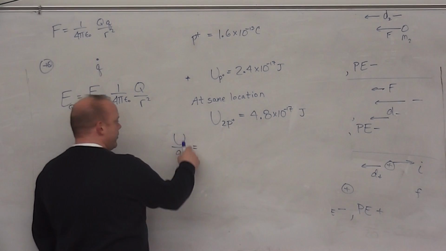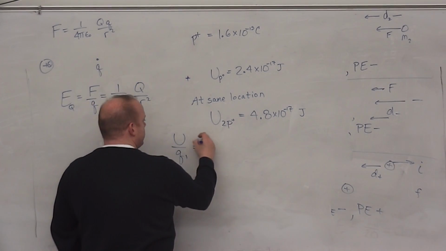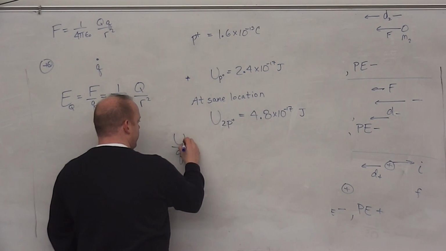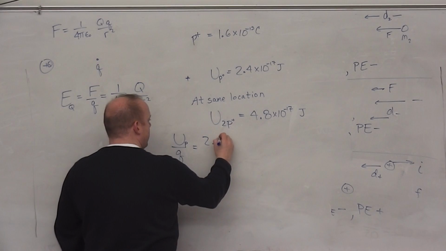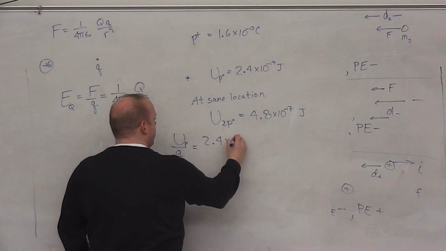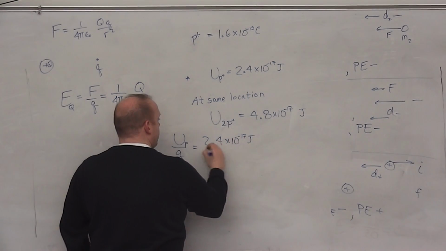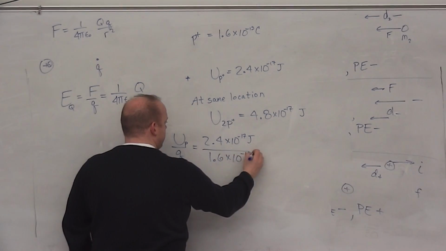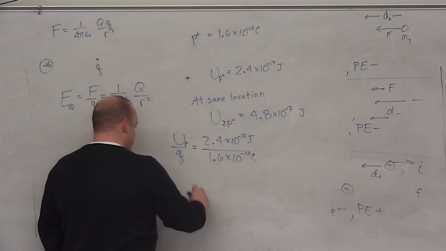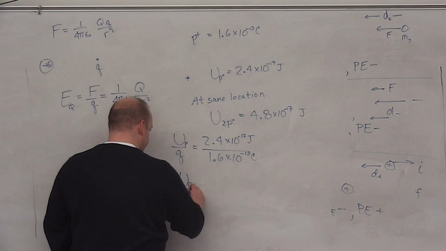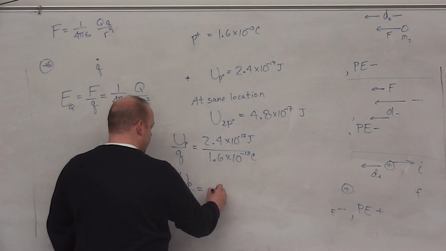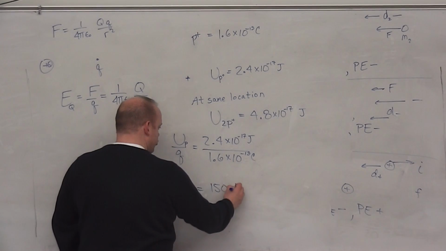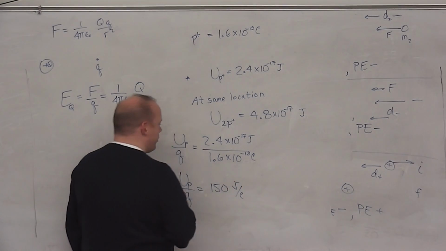Now, potential energy per unit charge for the one proton was 2.4 times 10 to the minus 17 joules over 1.6 times 10 to the minus 19 coulombs. So the potential energy per unit charge for the one proton was equal to 150 joules per coulomb.